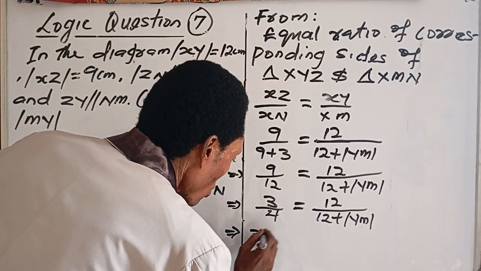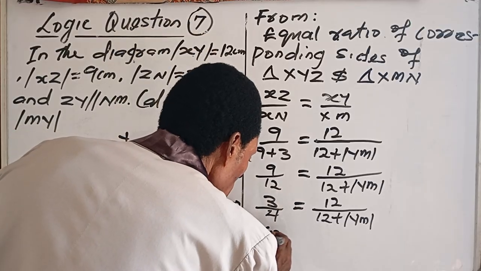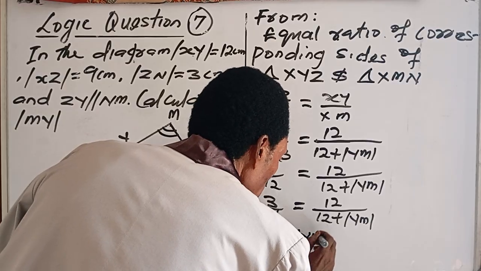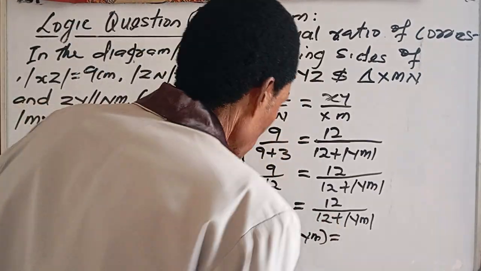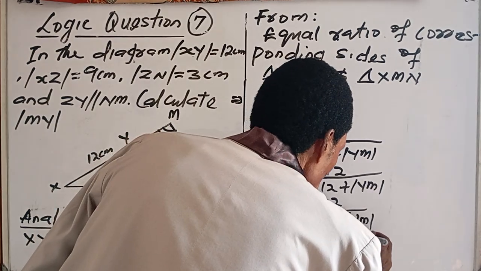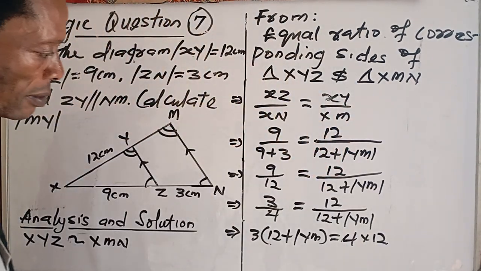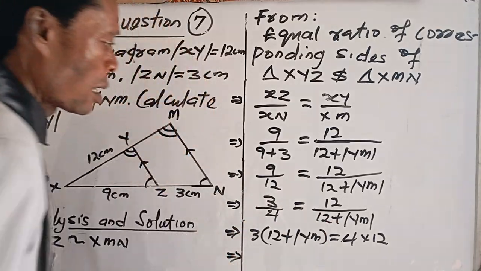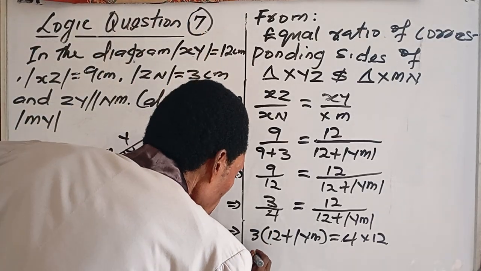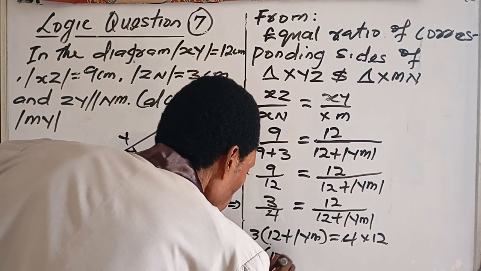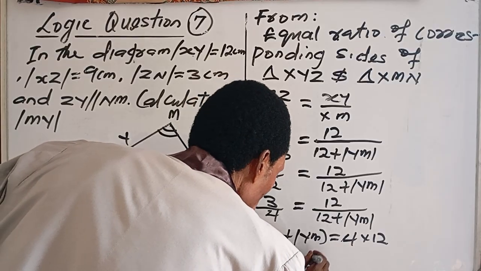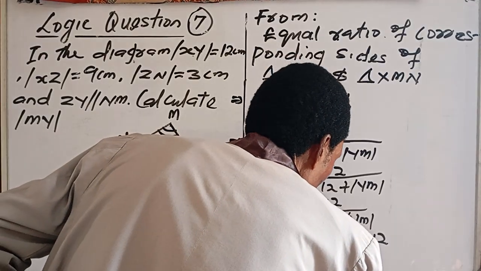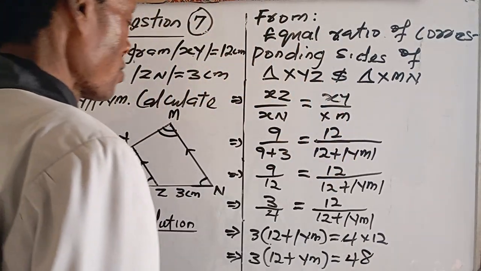This will be 3 open bracket 12 plus YM equals 4 times 12, which gives us 48.